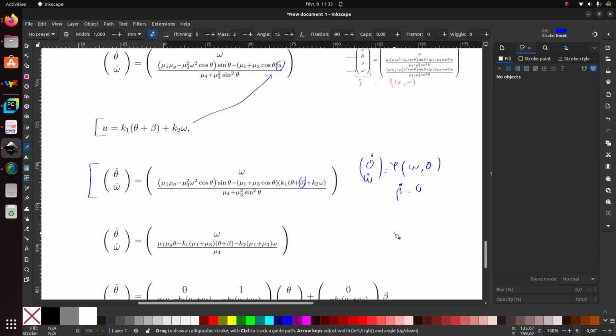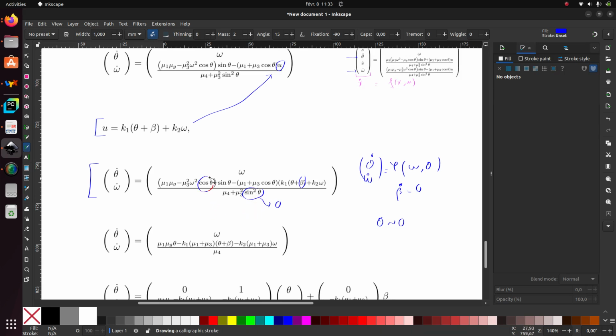To study the stability, I consider that theta is approximately equal to 0, so I will have a linear approximation. I will replace this by 0, because at first order it is equal to 0.